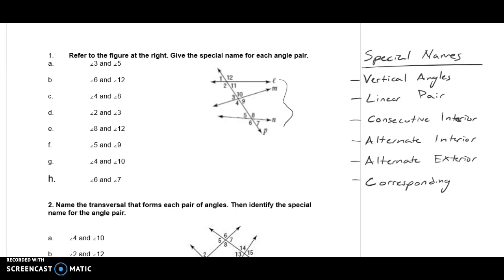I'm going to scribble out the one we're not using per problem, so that it doesn't get in the way and doesn't confuse us. The first one says angle 3 and 5. I have 3 here and 5 here. This line is touching 3. This line touches 5. And this line touches 3 and 5. Therefore, this one that's not being used, I'm just going to scribble out.